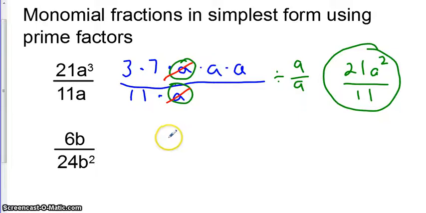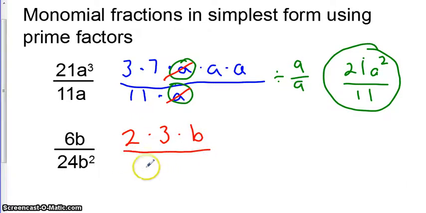Second example, 6b over 24b squared. 6b itself is factorable. So as we look at that, we're going to take apart this 6. And 6 is factorable as 2 times 3 times b.